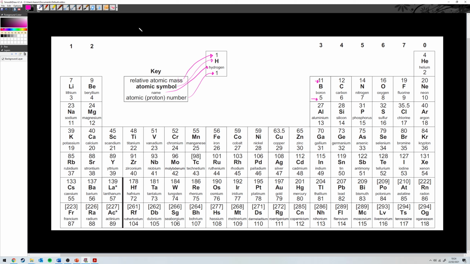Now, we need to label our periodic table so that we've got some important information on there. Let's start with the group number. If you look here, this is group 1, which is called the alkali metals.